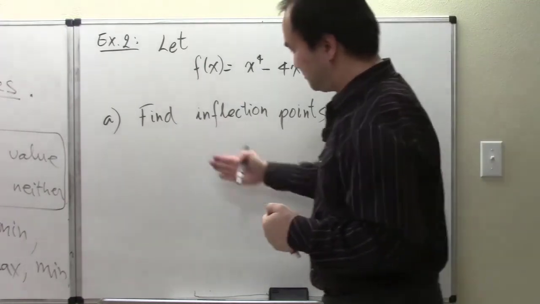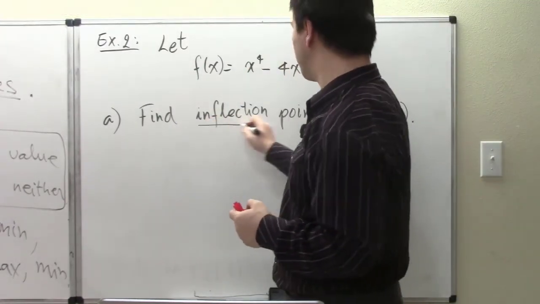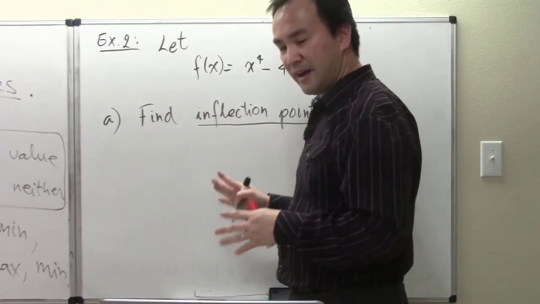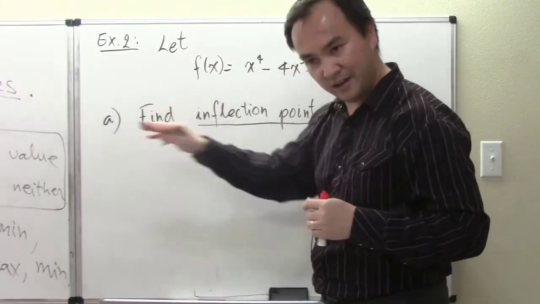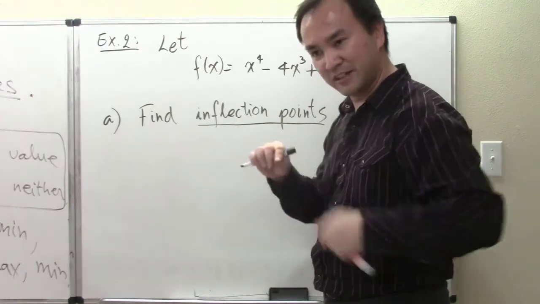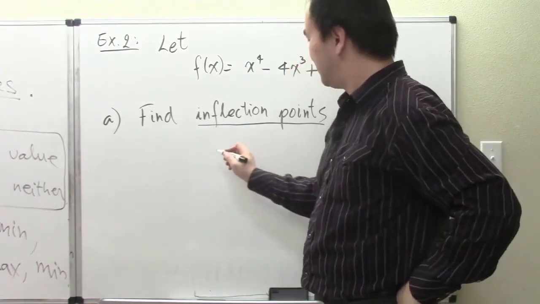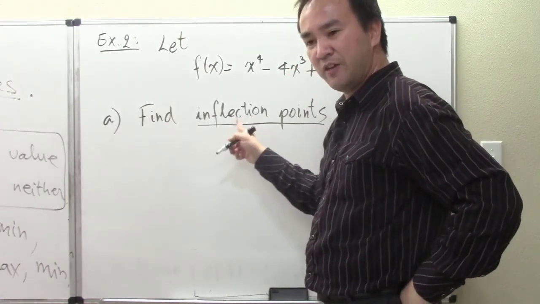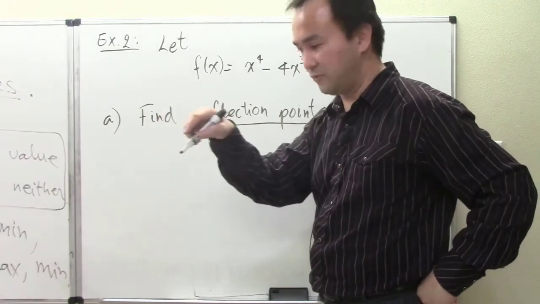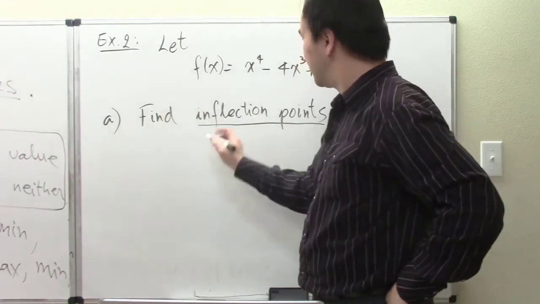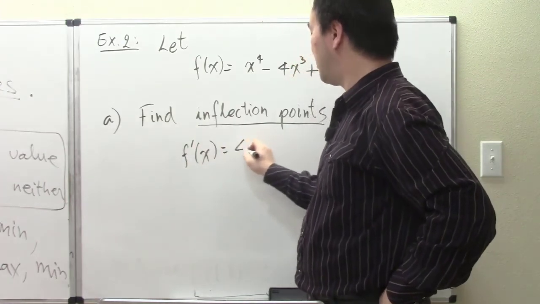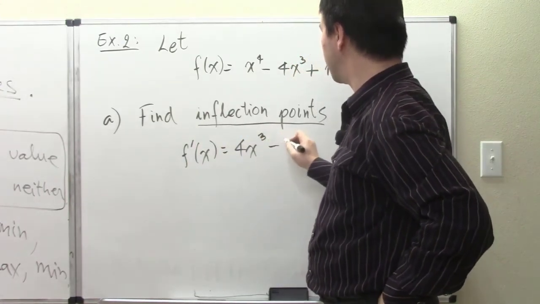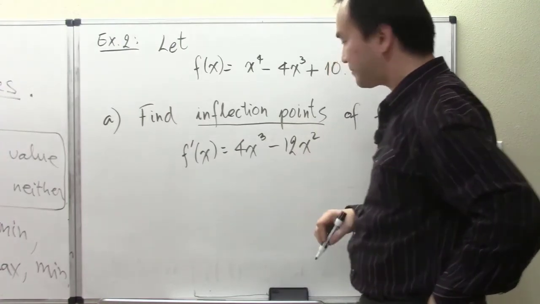To find the inflection points, recall from our earlier generalization, which I already erased from the board, so you may need to roll back the video, that the only way to get access to inflection points is through the second derivative. The first derivative of our function is 4x cubed minus 12x squared.